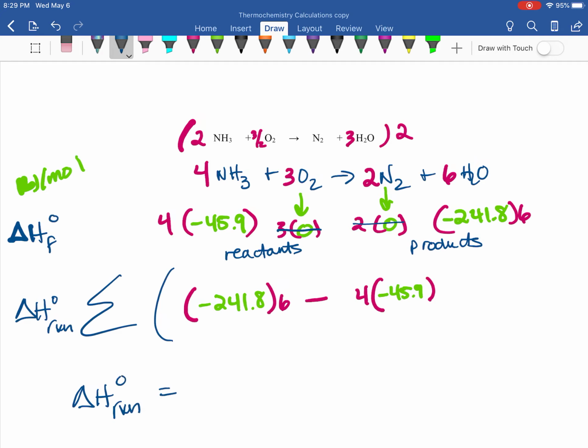Let's do that math. Let's see. I've got a negative 241.8 times 6 minus our negative 45.1 times 4. Okay. I am getting a negative 1270.4. Okay, I love it.